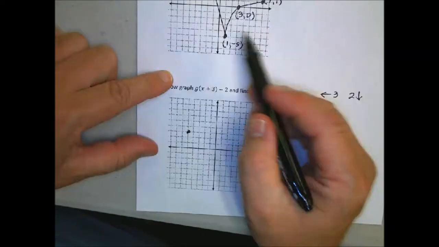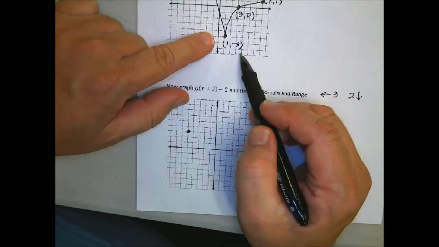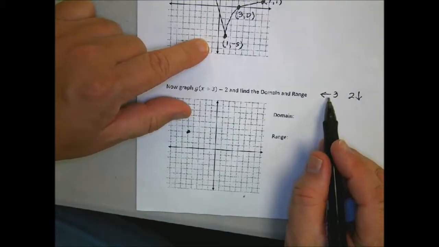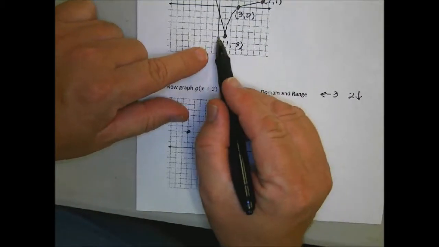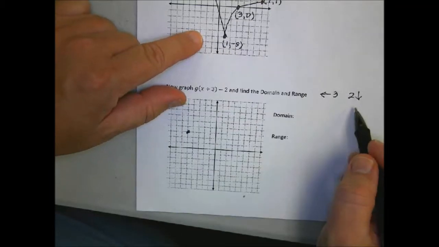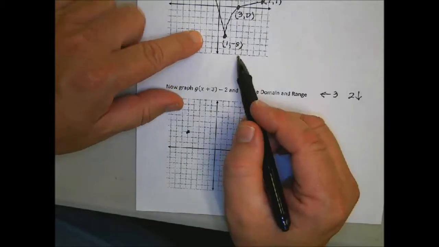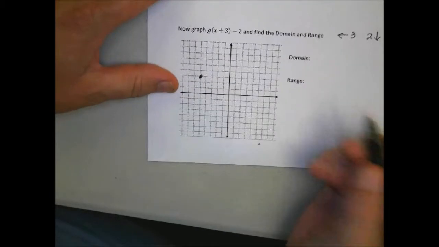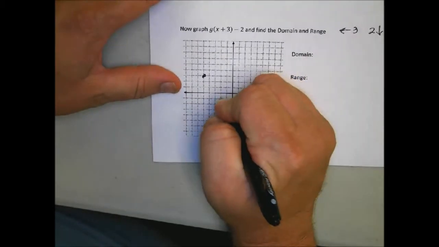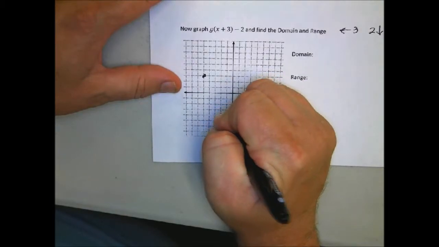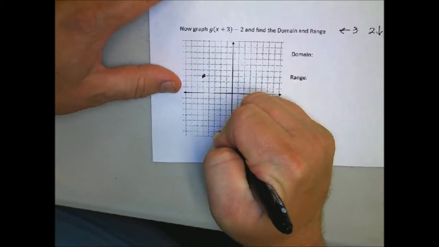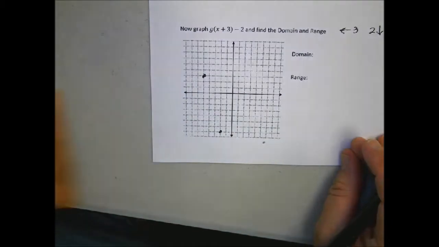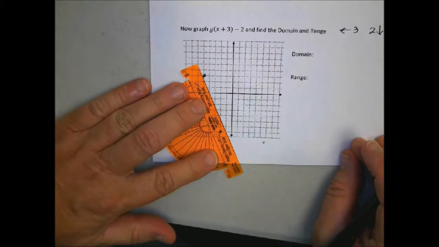Now this point that's at 1, negative 5 is going to go 3 units to the left, so it's going to be at negative 2, and it's going to go down 2 more units, so it's going to be at negative 7. So negative 2, negative 7. And a straight line joins those 2 points.